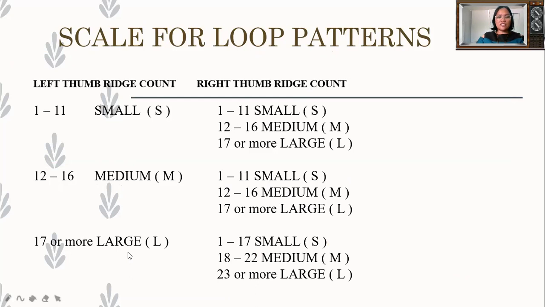If it is large at the left thumb, you will use this scale for the classification of the right thumb. You will just refer to the thumbs of the fingers, so whether it is small, medium, or large. SML.